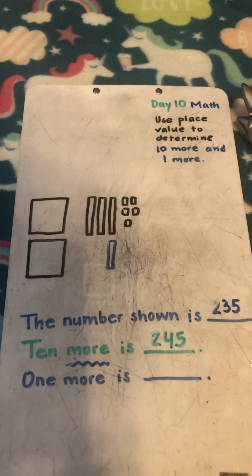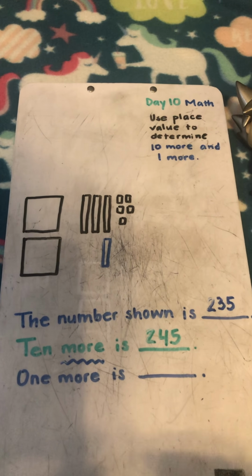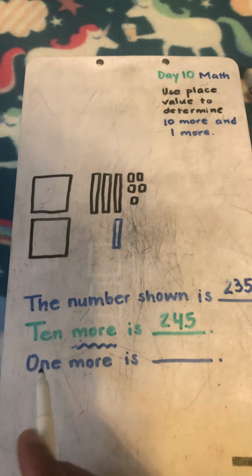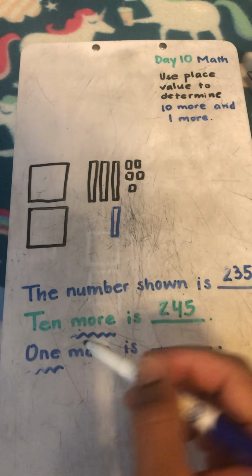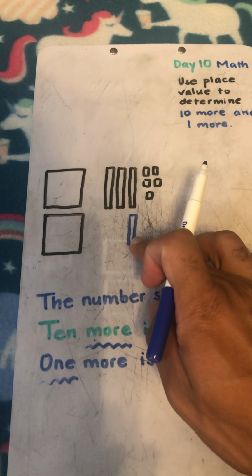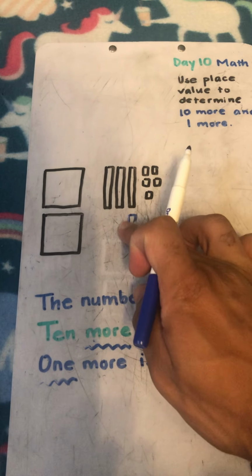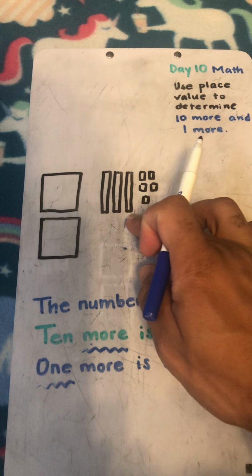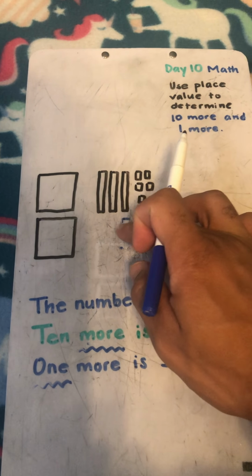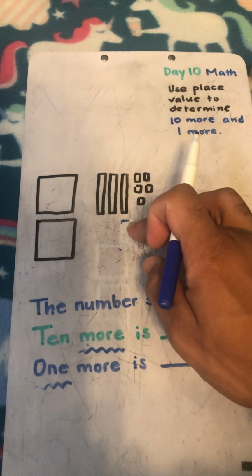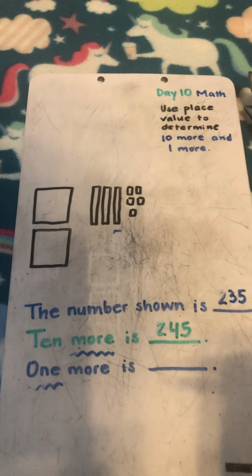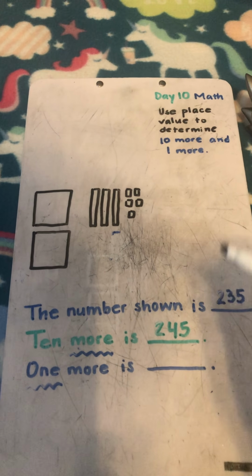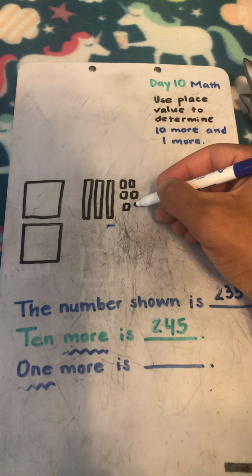And our last option here is to think about what would happen if our number had 1 more. So this time I do not want to think about 10 more. I'll get rid of this 10 here later. Instead, I'm going to think about what would happen if I added 1 more. So now the value that's changing is going to be my 1.